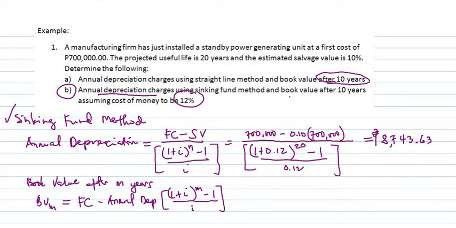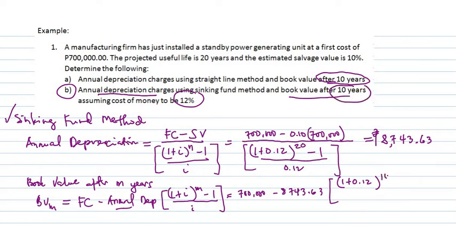Now this time we will solve the book value after 10 years. For the book value after 10 years, we have our first cost, which is 700,000, minus our annual depreciation that we have already solved, 8,743.63, multiplied by (1 plus 0.12) raised to m, so after 10 years, raised to 10, minus 1, all over i, which is 0.12.